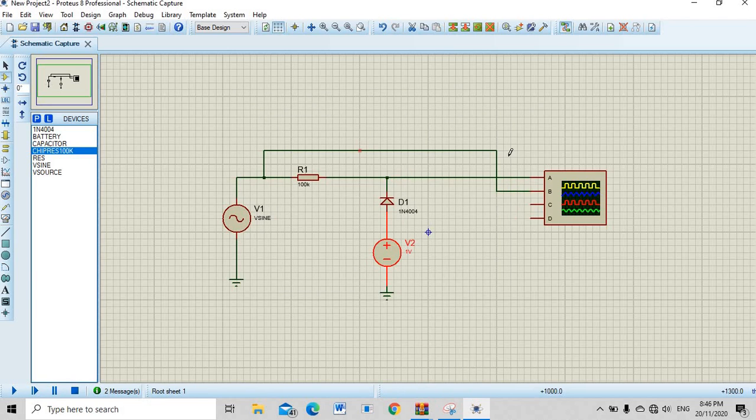Connect all the wires to A and B before the resistor to show the input wave. This is the oscilloscope, and here is my drawing, and we're going to start running the simulation.